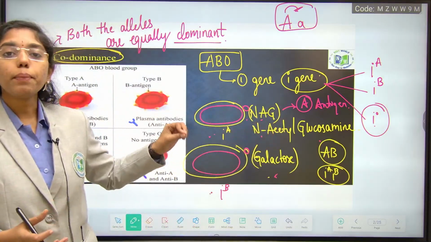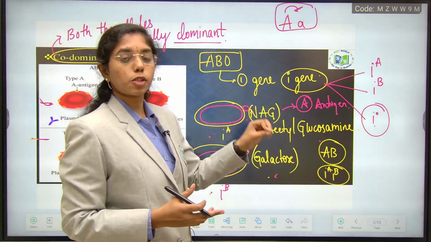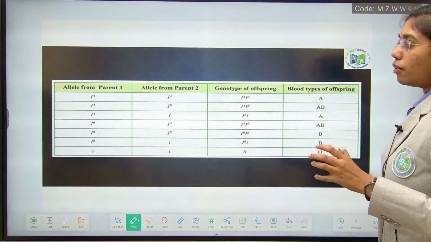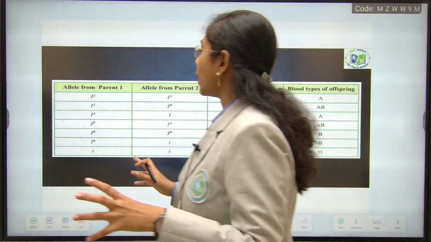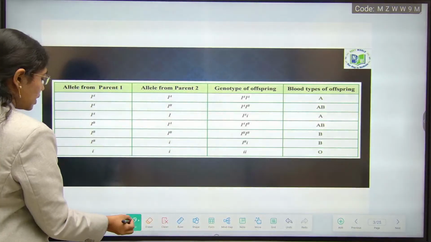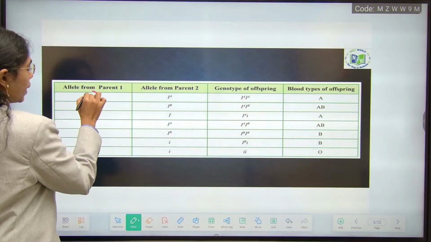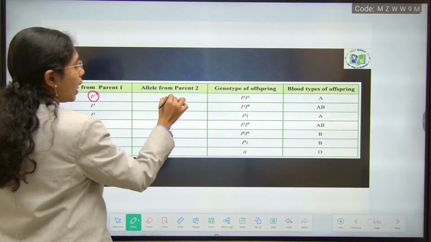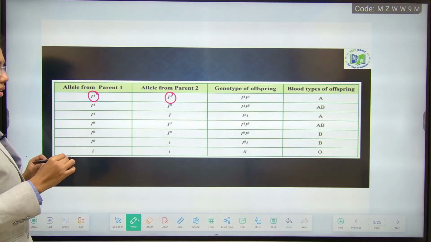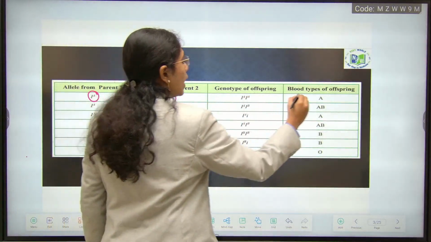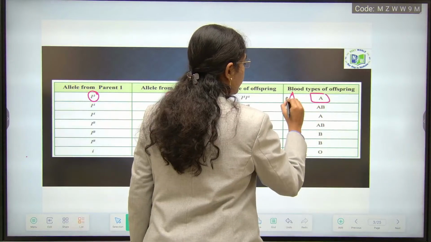So what type of questions can we expect from ABO blood grouping? Look at here carefully. For example, the allele from parent 1 is IA, and the allele from parent 2 is IA itself. Then the IA combination will give you A blood group.